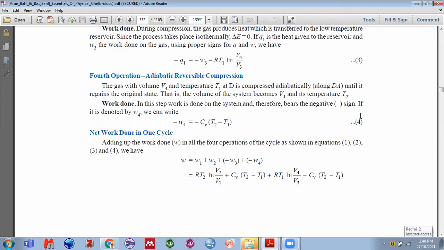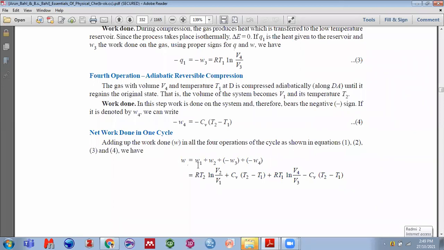So we get four types of work in the four steps: W1, W2, W3 and W4. So net work done in one cycle would be W, adding up all 4 operations of the cycle shown by equations 1, 2, 3 and 4.